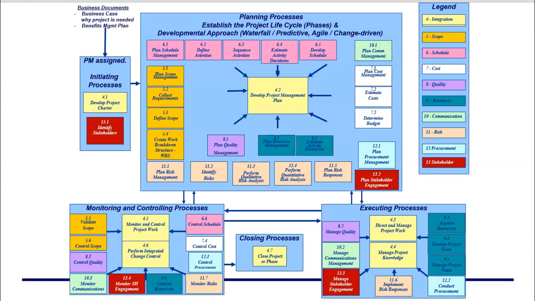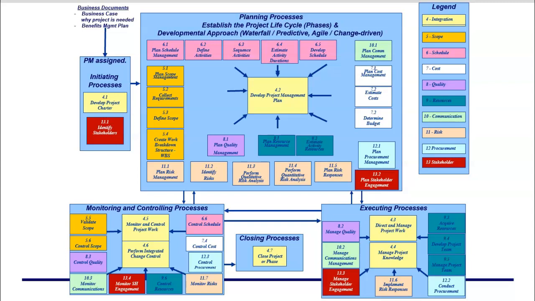Because look at this slide. These are the 49 processes in the PMBOK guide edition 6, right? Currently. And so on the left we have the initiating process group, then the big box and the two processes inside of it. Then you have the big box in the middle, which is the planning process group. And look at all the processes that you have to integrate. In fact, in each of these slides, your role is the yellow box.